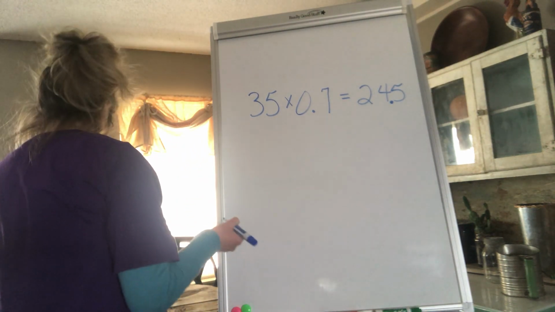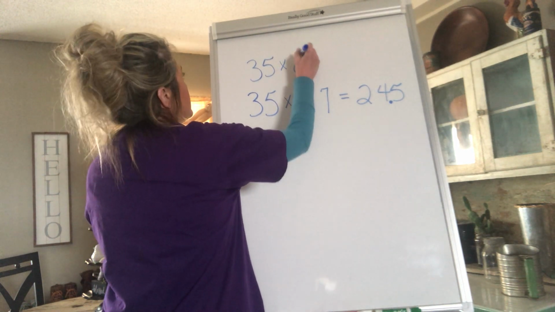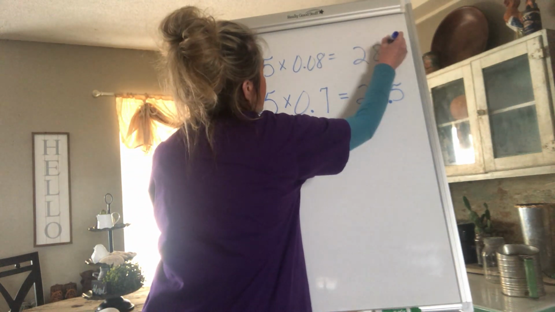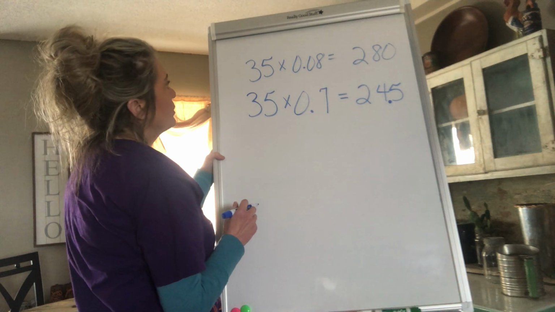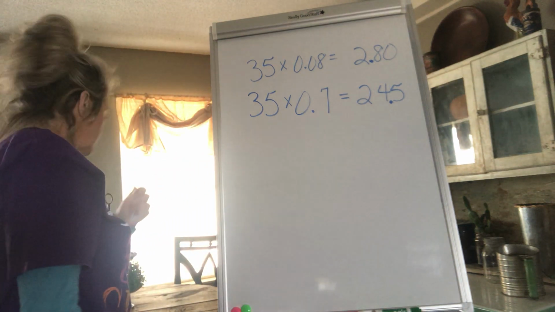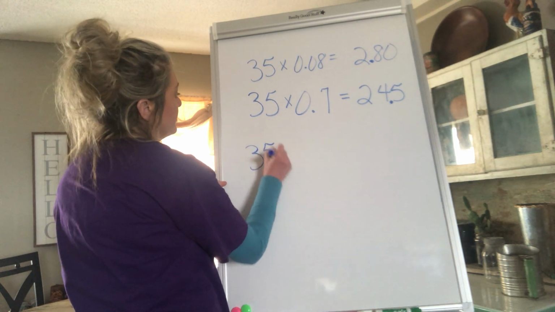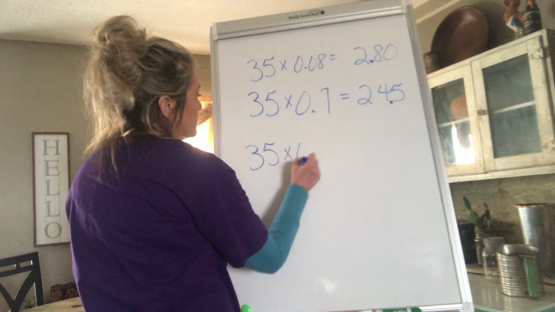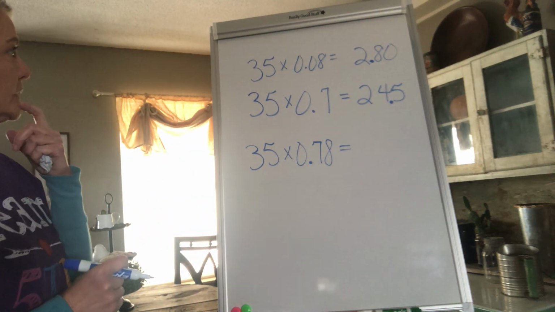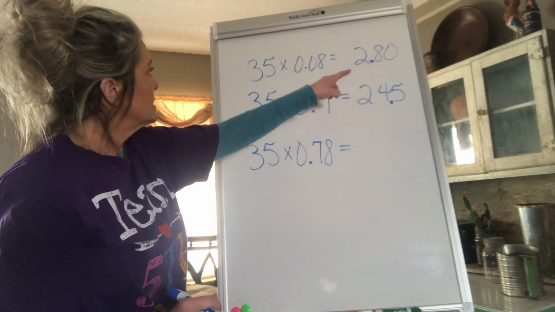Okay, now when we did that first one, the 35 times 0.08, we came out with 280, and we knew our problem had to be in hundredths, so our decimal was here. Well, on the next one, it gives us 35 times 0.78. We did 35 times 8/100ths, and this is what we got.